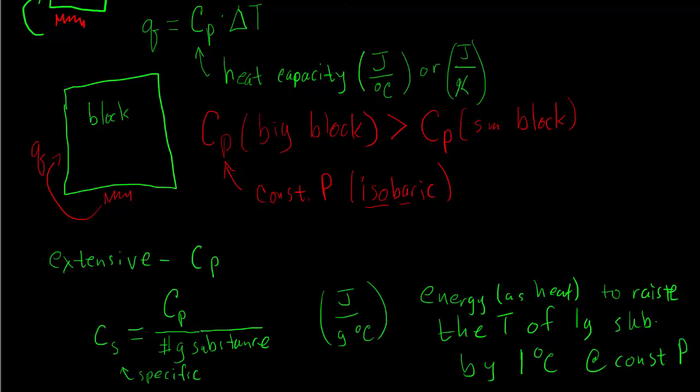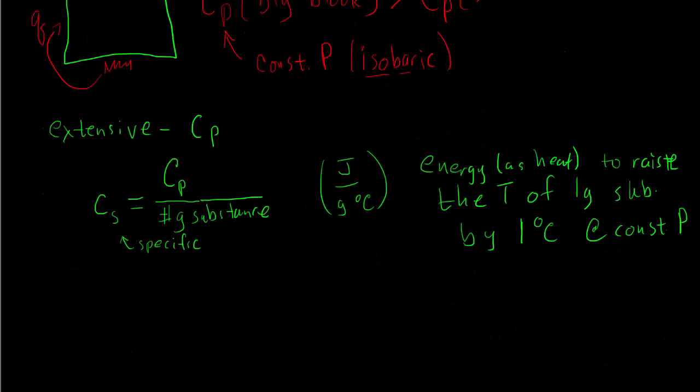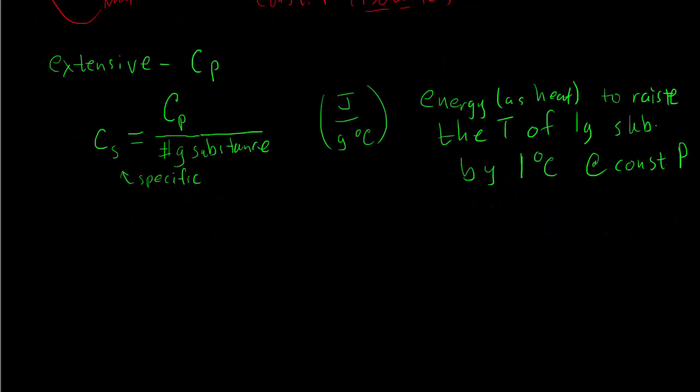So that's what we mean by specific heat capacity. So it's how much heat energy you have to put in to raise the temperature 1 degree Celsius of 1 gram of that material. So this is an intensive property of the material now, because we've divided 2 properties that are extensive. Heat capacity is extensive and mass is extensive.